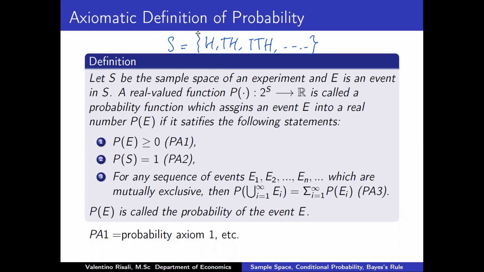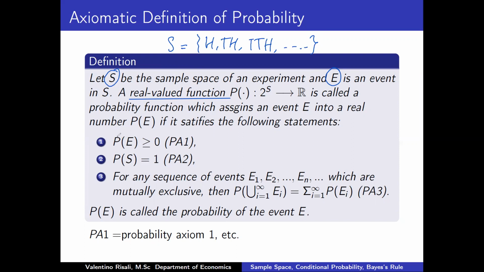Let me see. In this case, let S be the sample space and E an event, and then we deal with a real-valued function P from the set of all events in S to the set of real numbers R. We call this a probability function if it satisfies the following statements.